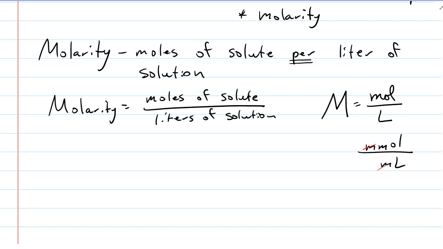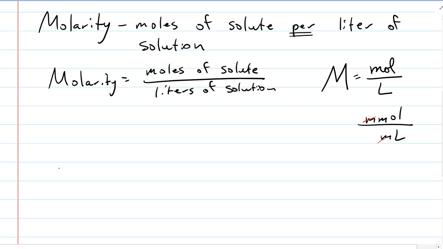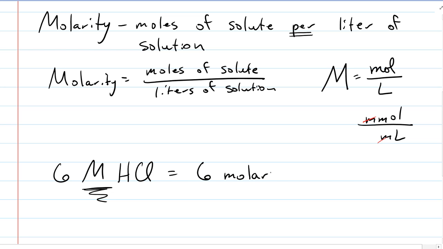Now I think in lab, I'm not teaching lab this semester, but you should have seen these on labels already. So if you saw something like 6 with a big M, HCl, how do we read this big M? If we had to just speak this in words. 6 molar HCl is the way we read it.